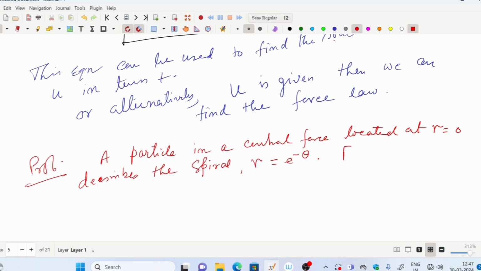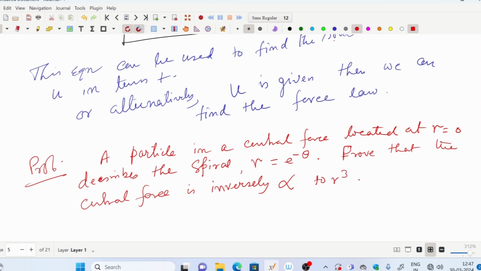Prove that the force law, the central force, is inversely proportional to r cube. So this is the problem.